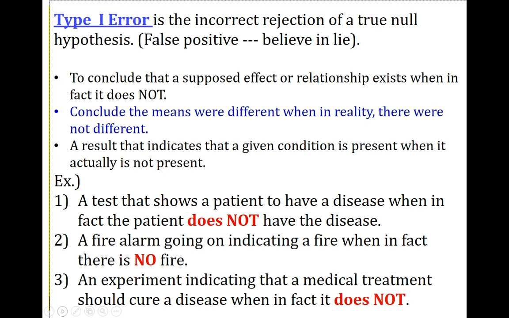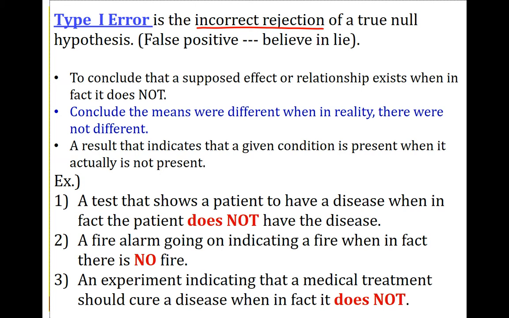Type 1 error, if you think about it, is the incorrect rejection of a true null hypothesis. That is really the statement that I like best. It's the incorrect rejection. So if you incorrectly get rid of a null, meaning it was true, you made a type 1 error.